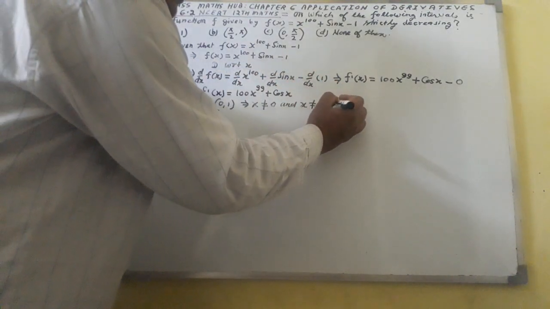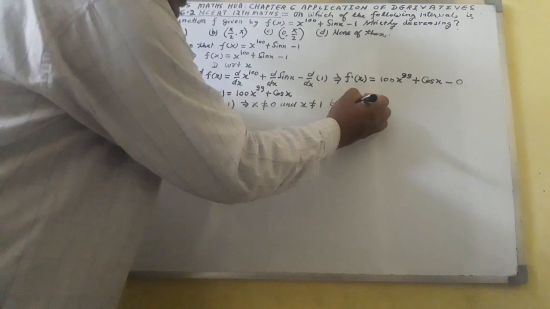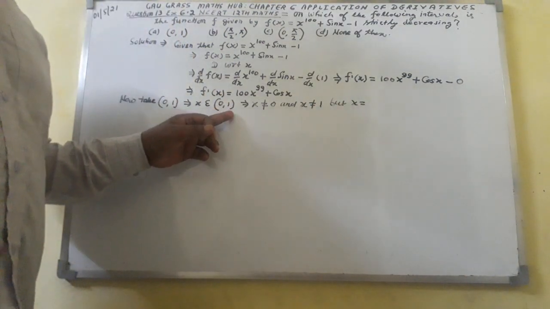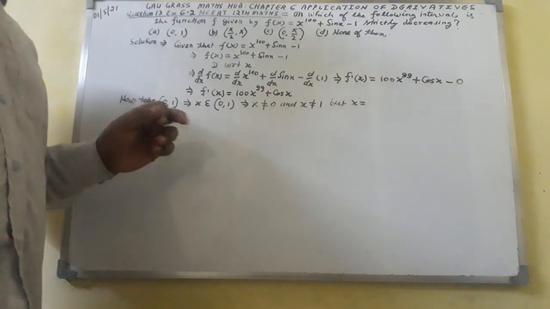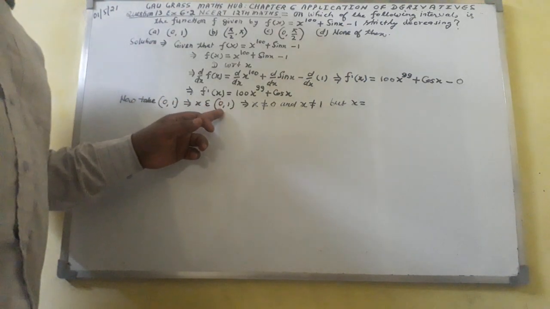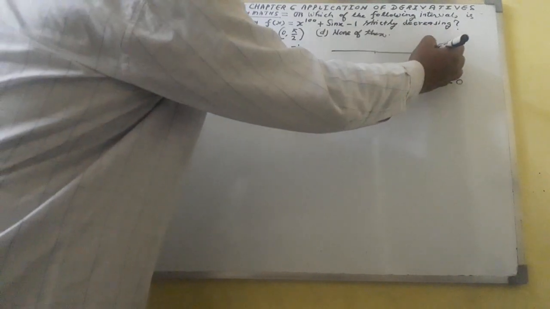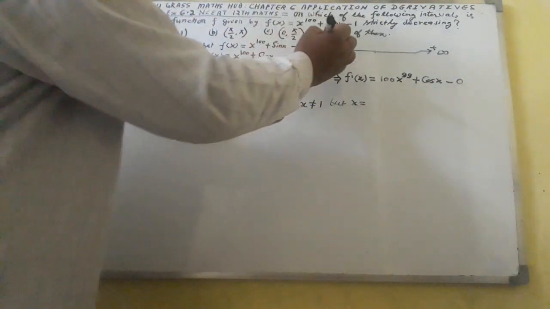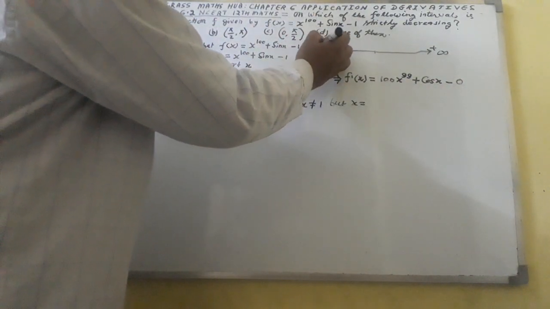But x is in between 0 and 1. In between 0 and 1, what value of x will be? On the number line, the extreme right goes up to plus infinity, and the extreme left goes up to minus infinity.